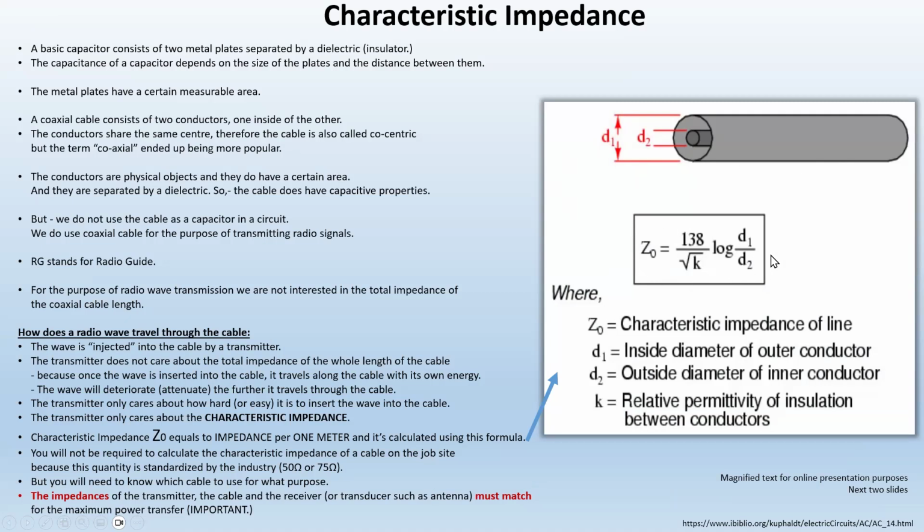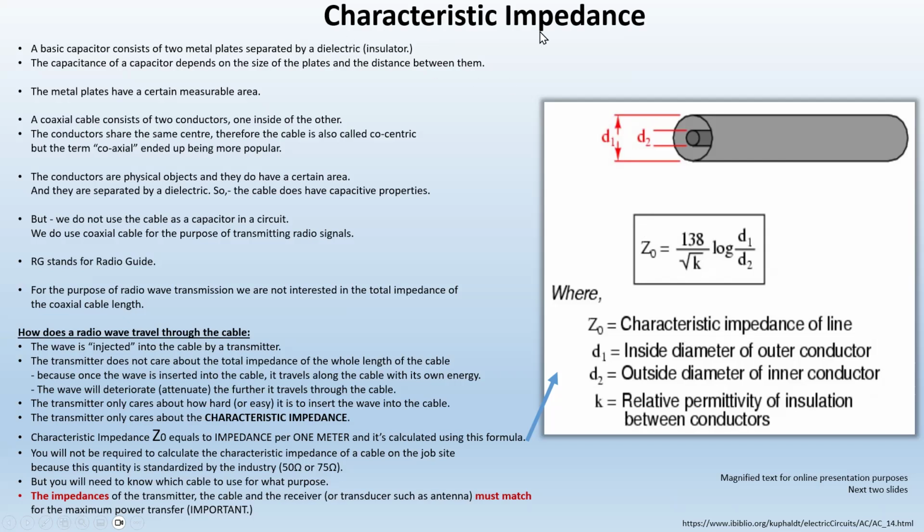It depends on these. And usually you can compare it to the total impedance of the first meter of the cable. Or in some sources, they will give you the total impedance of the first foot of the cable. Yeah, so it's just the impedance of whatever is at the beginning of the cable. And that's the formula here. So the characteristic impedance does not depend on the total length of the cable.